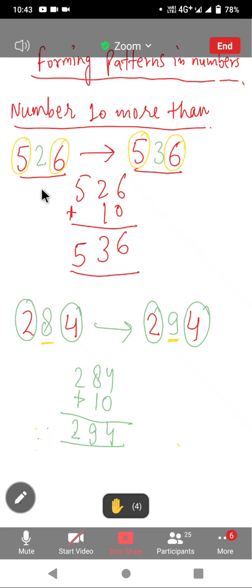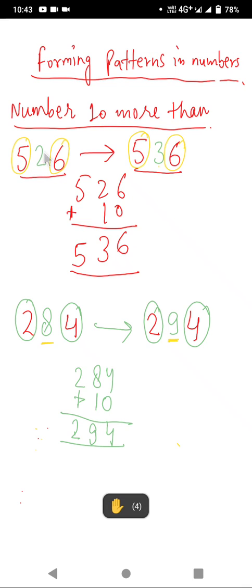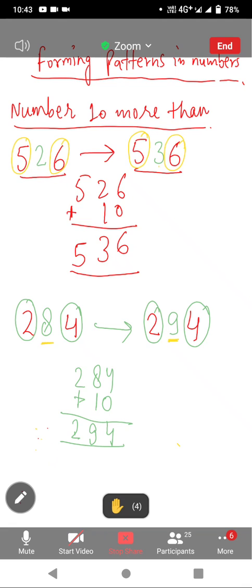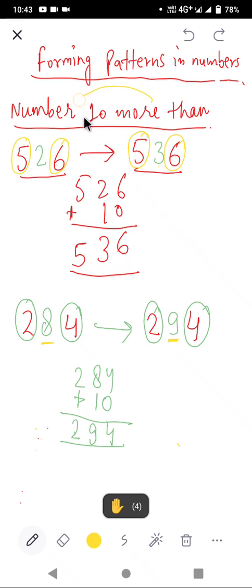Like here first one, we have a number 526. We have to find out a number which is 10 more than. When more than is written, then we have to add. So what we have to add? 10. So 526 plus 10 is equal to 536. Okay, so 10 more than 526 is 536.